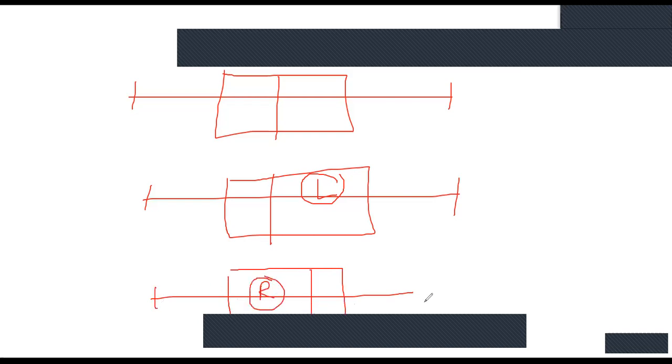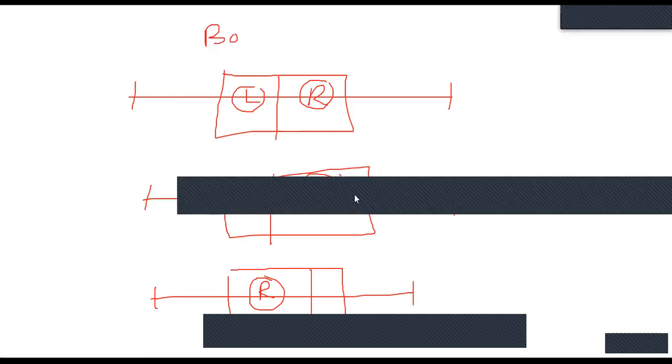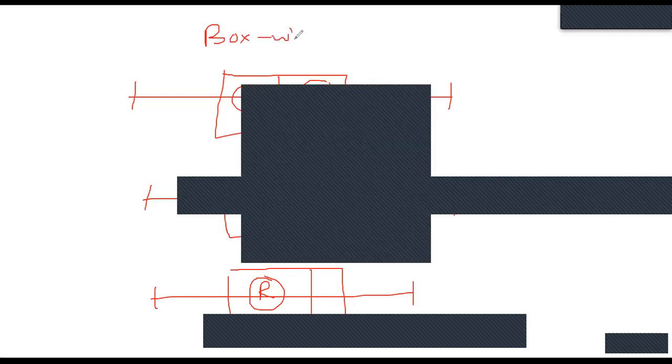Then if you have a distribution which has 50-50 left and right, these ones are distributions. So this is called a box whisker plot. A box whisker plot is there to show you whether you have outliers in a distribution.